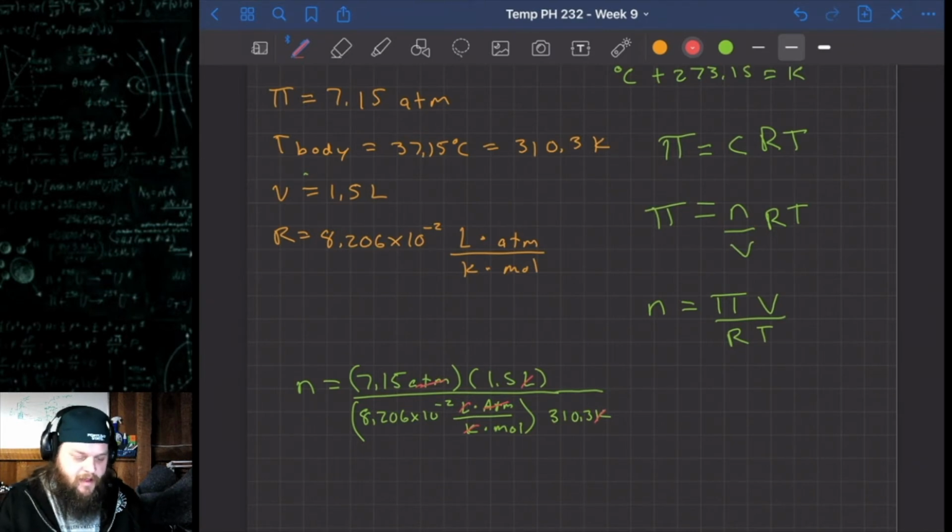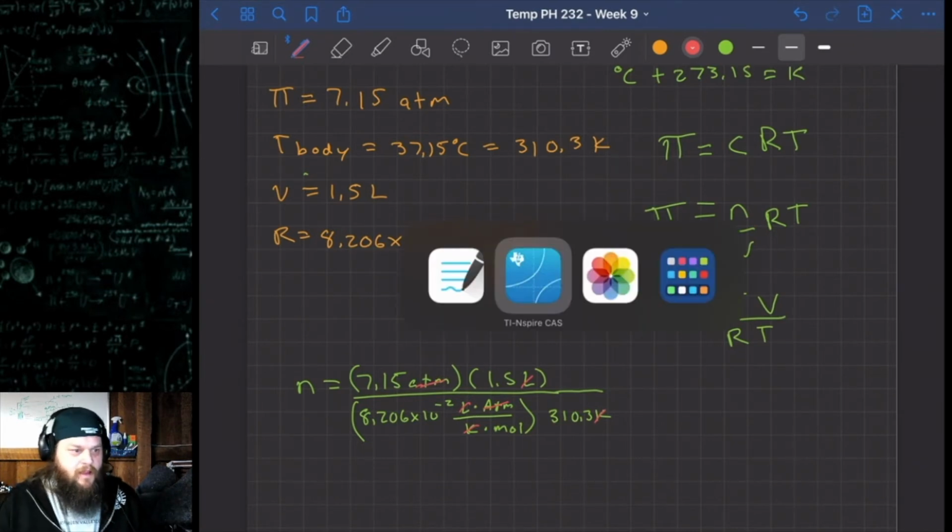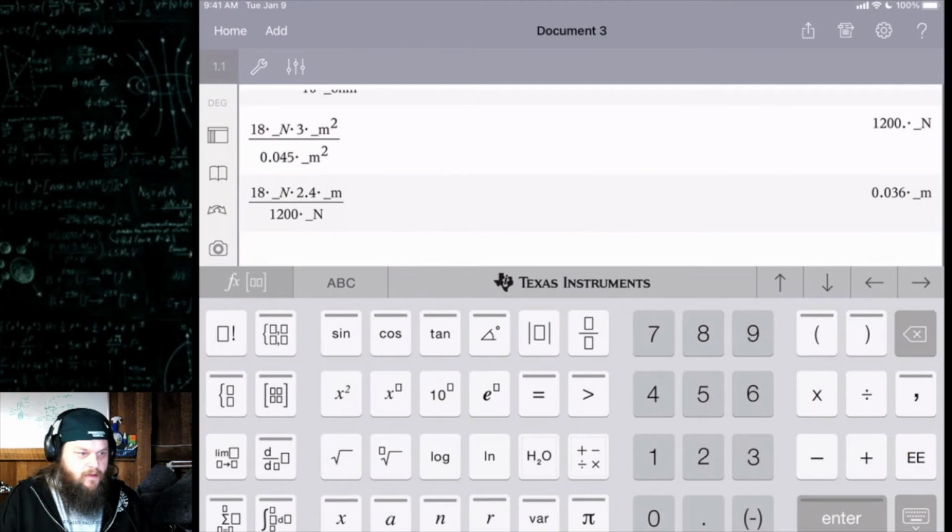So let's plug that into our calculator and see what we get. 7.15 atmosphere. And we're going to multiply that by 1.5 liter.